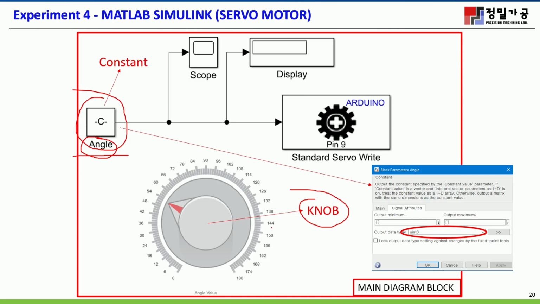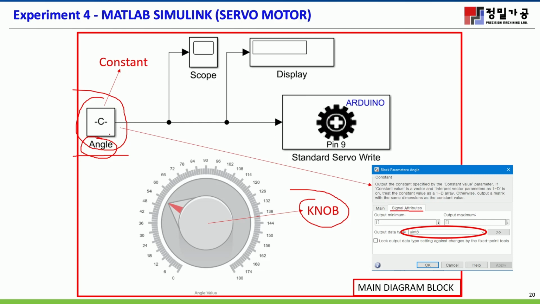You can set it from the dashboard. Here we set the signal attributes as unsigned integer 8, meaning unsigned integer 8 bits. I think I'm not wrong. Correct me if I'm wrong.